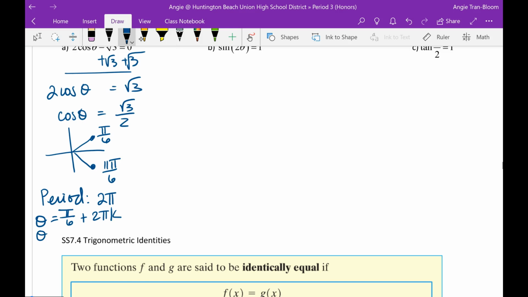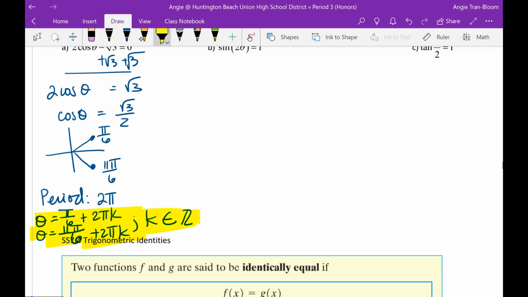Then the second equation is 11 pi over 6 plus 2 pi k. Let's define k really quickly. Where k is in a set of what? All integers. Okay, so that's our equations. There's 2 of them.